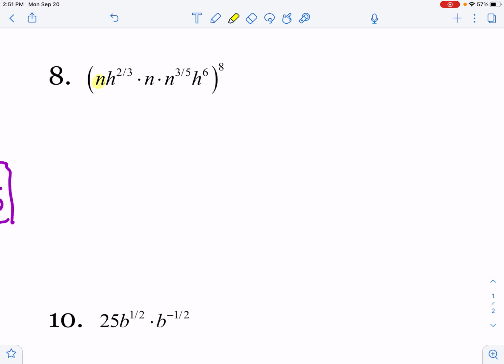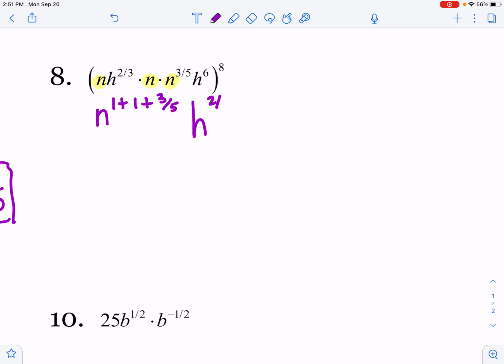So I'm going to combine my n's. So I have n to the first times n to the first, and then a 3/5. And then for my h's, I have a 2/3 and a 6. And then all of that is still raised to the 8th.